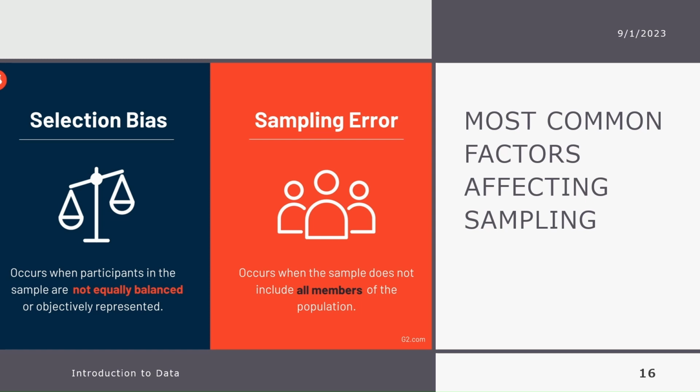We observe that there is a difference between the statistic and the parameter, and this might be due to many reasons. The most common factors affecting sampling are selection bias and sampling error. Selection bias occurs when participants in the sample are not equally balanced or objectively represented, and sampling error occurs when the sample does not include all members of the population.